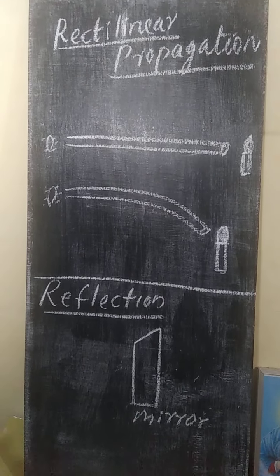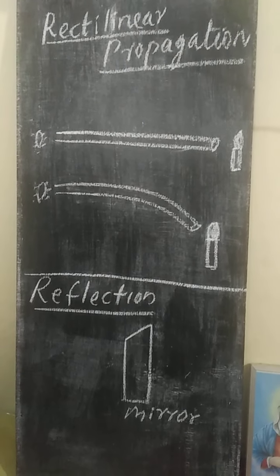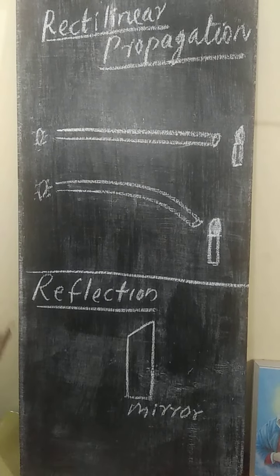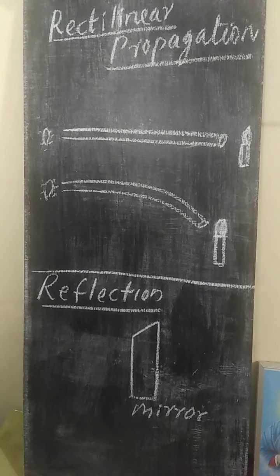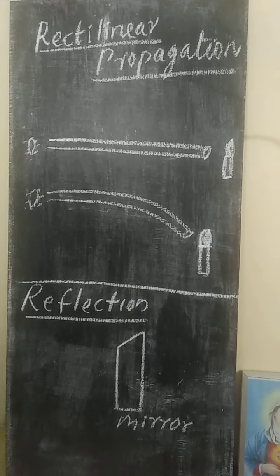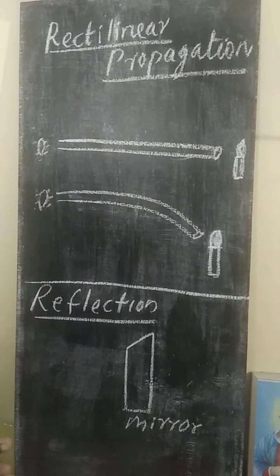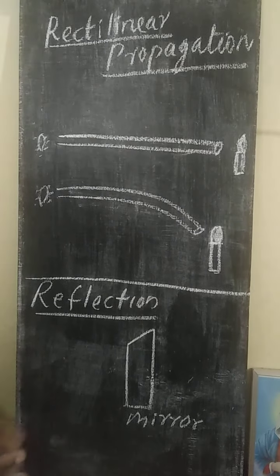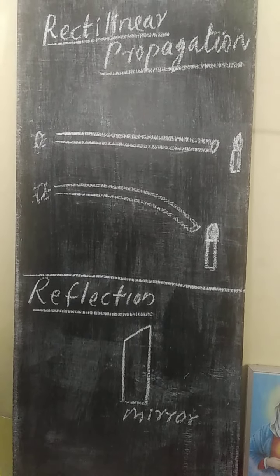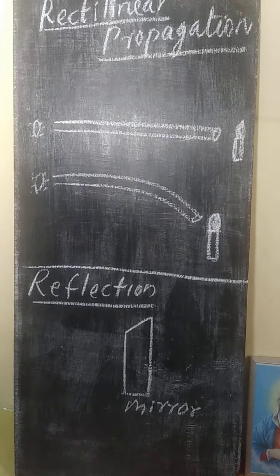And when we stand in the sunshine, our body casts a shadow. Or if you place a ball in front of a torchlight, the ball can cast its shadow behind it. So whenever we place an opaque object in front of the source of light, that opaque object will produce its shadow.